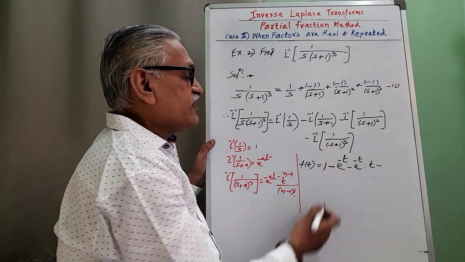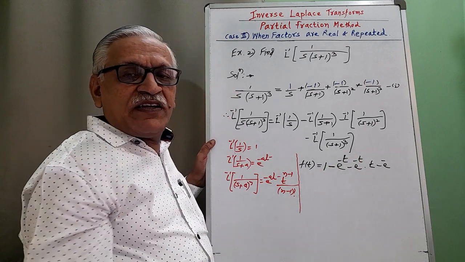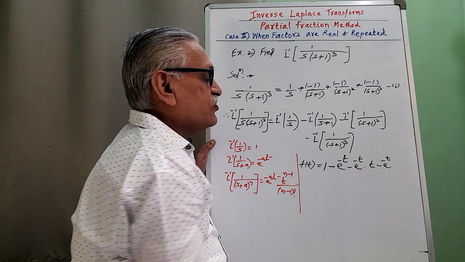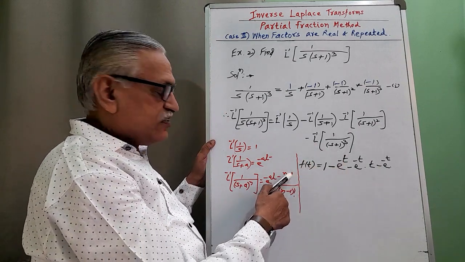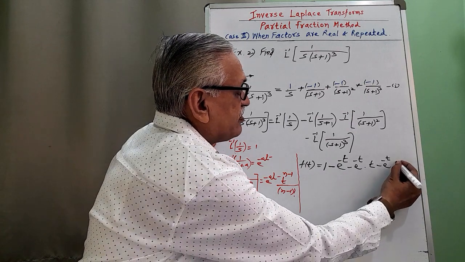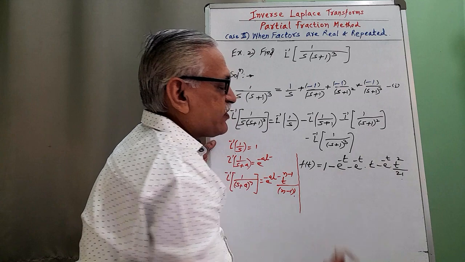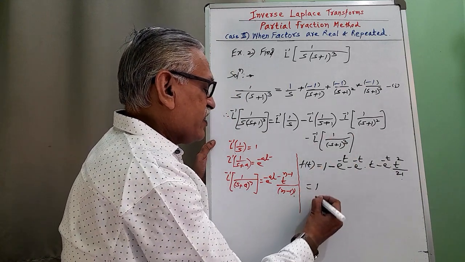again shifting theorem, it is e raised to minus at, as s is replaced by s plus 1, and therefore e raised to minus t into inverse of 1 by s cube is t raised to 3 minus 1, we get 2 divided by same factorial, that is 2 factorial, and therefore simplifying it, we get 1.